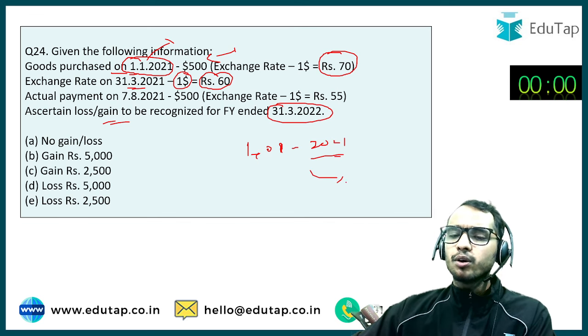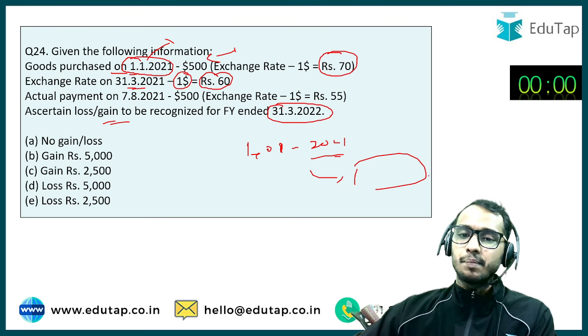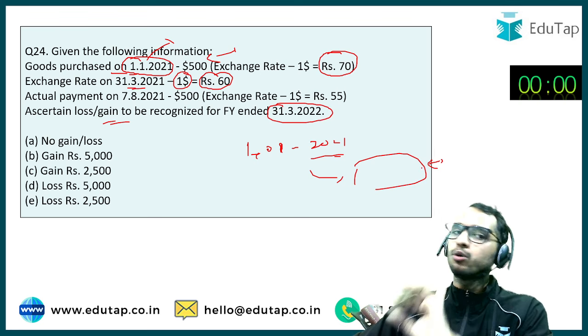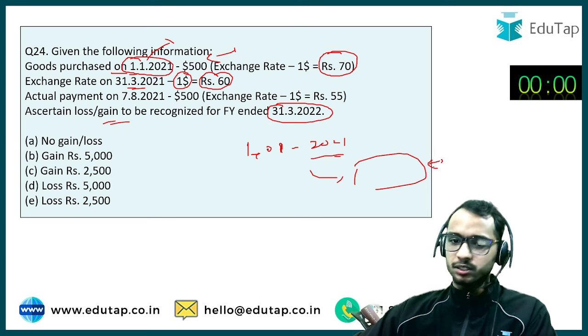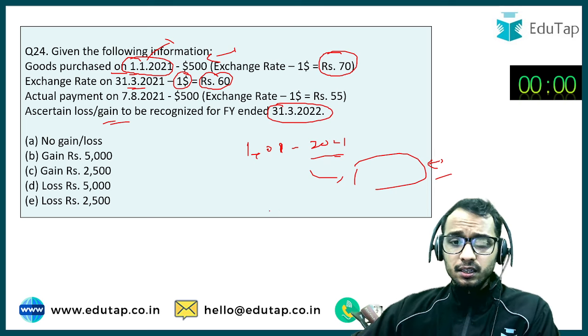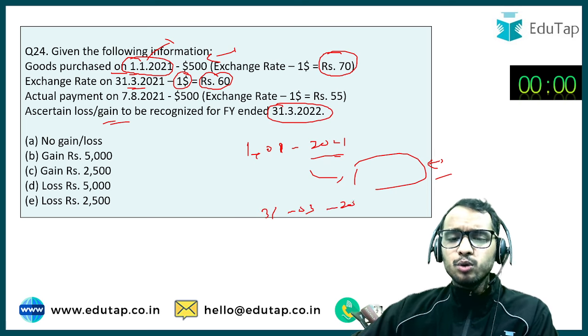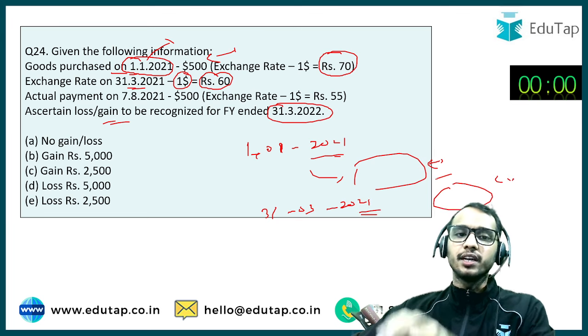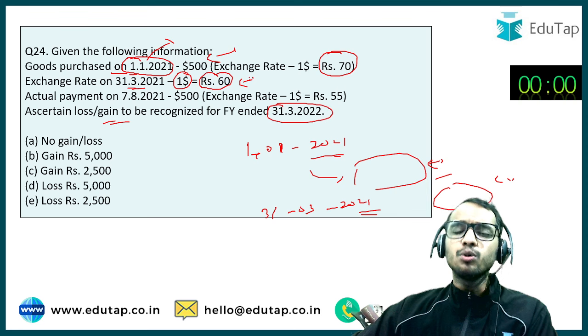So on this date you are going to recognize your basically liability, because you are going to pay the amount to the supplier because you have purchased the goods, right? But on 31st March you are going to again recognize it at the closing rate. Whatever is the closing rate. Closing rate is $1 is equal to 60 rupees.